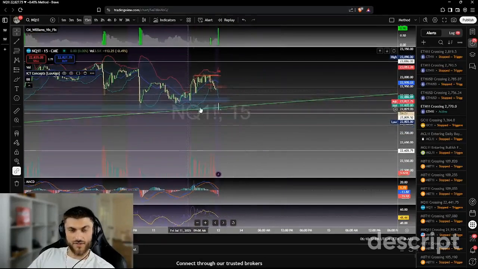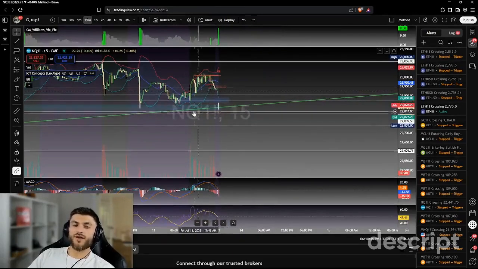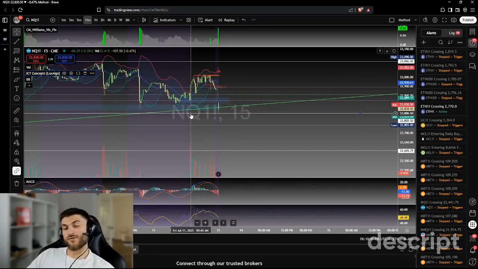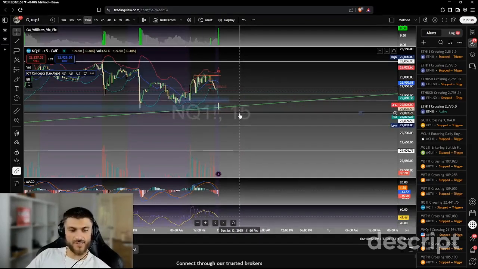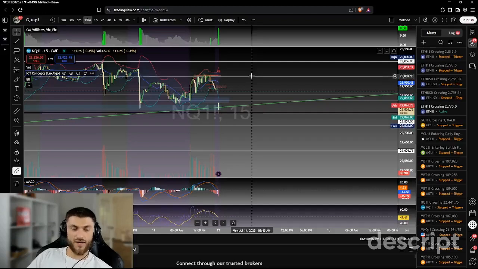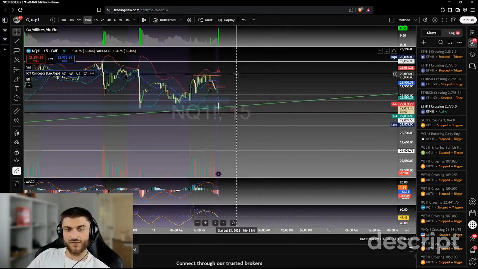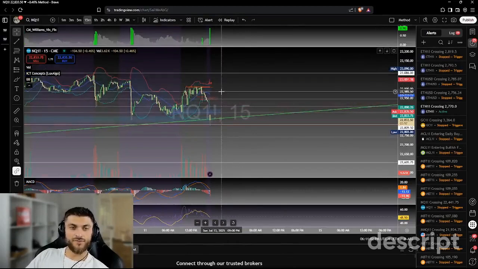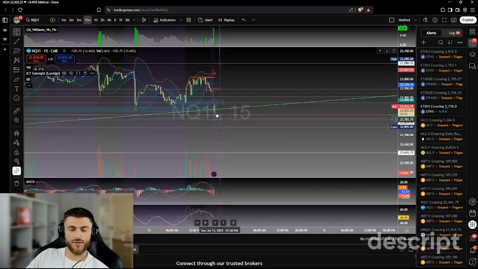I don't expect you to really understand why I say that, but if you were to enter here and not break this support, you don't want to enter into a trade when there's support that close on the short side, because you're getting maybe 10 to 15 points and risking a reversal here to fill this gap and possibly even go past this bearish order block and into this buy side liquidity, which is only going to supercharge it to the upside. So the risk reward is garbage right there.